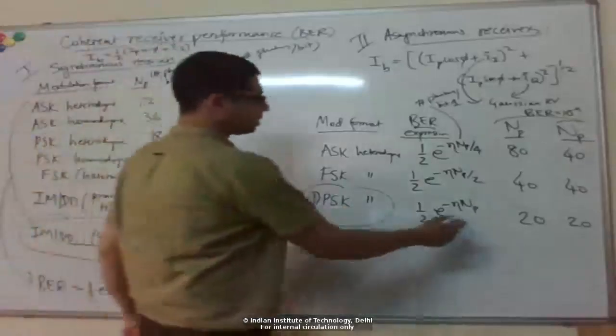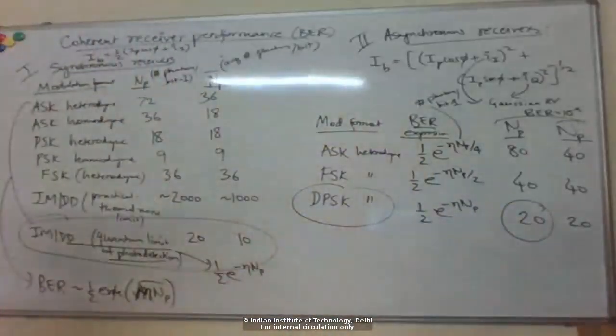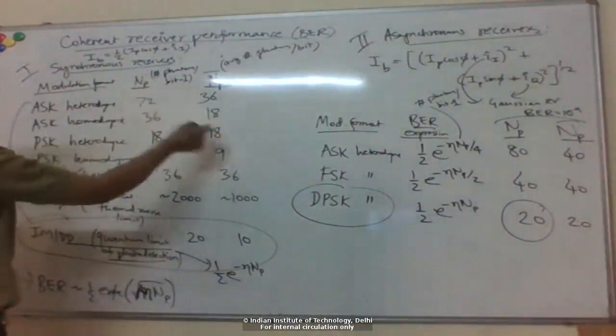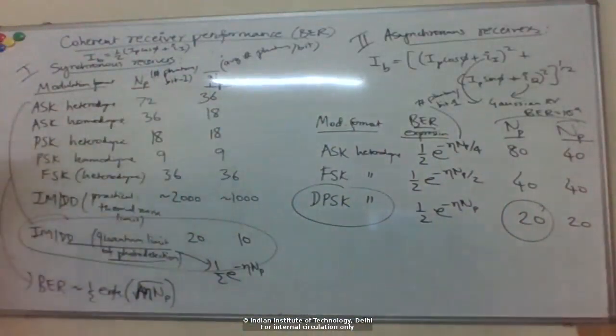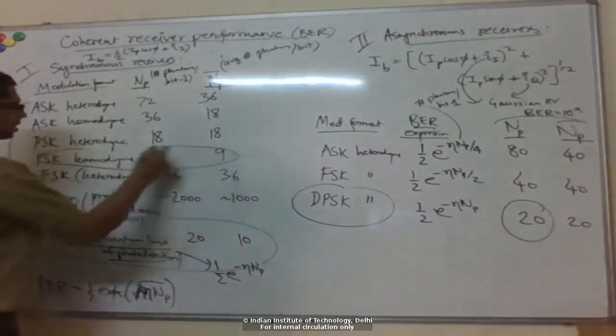So with that, you can get a sensitivity of 20 photons per bit, which is quite good compared to the best of the synchronous receiver case also. Of course, the best that you can do with synchronous receiver is 9.